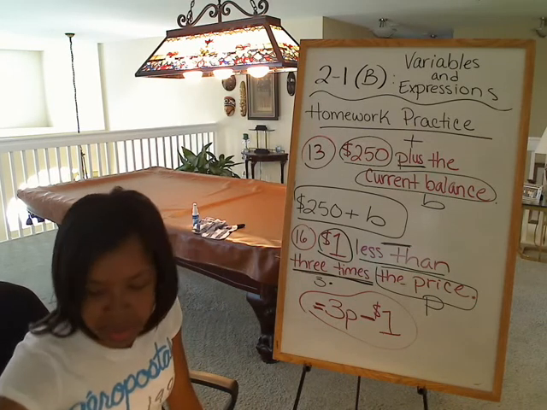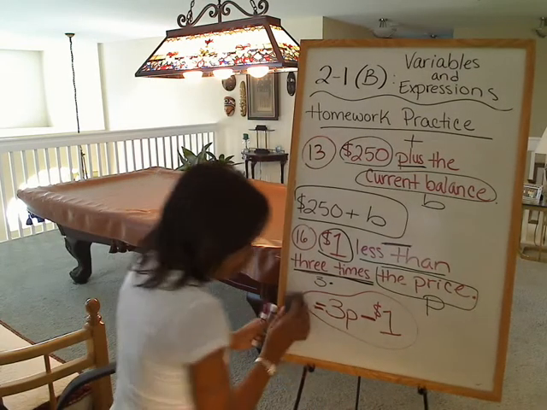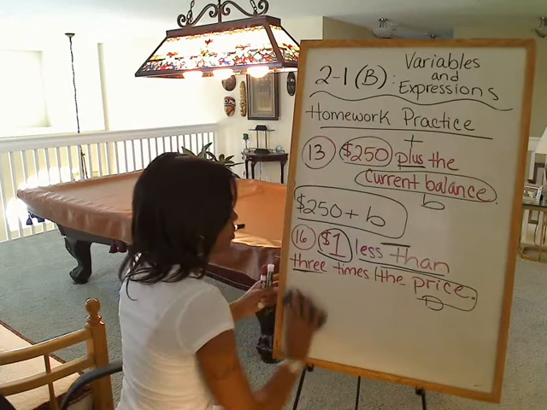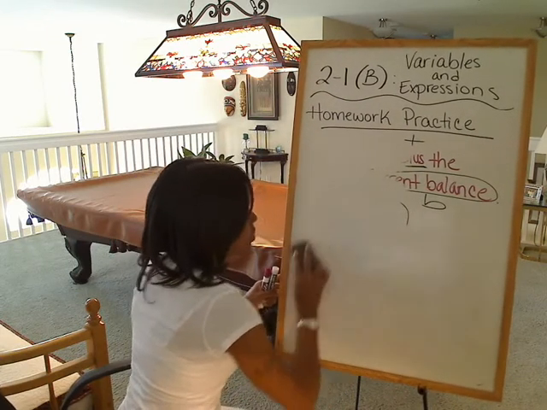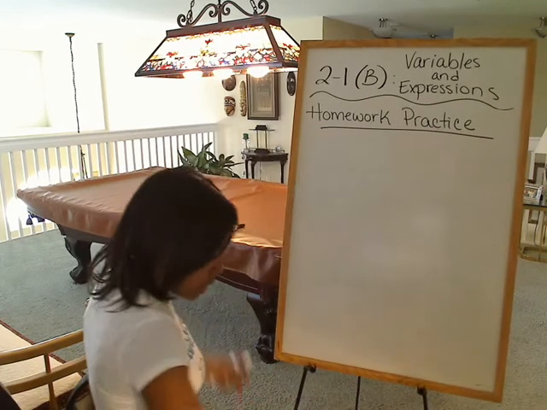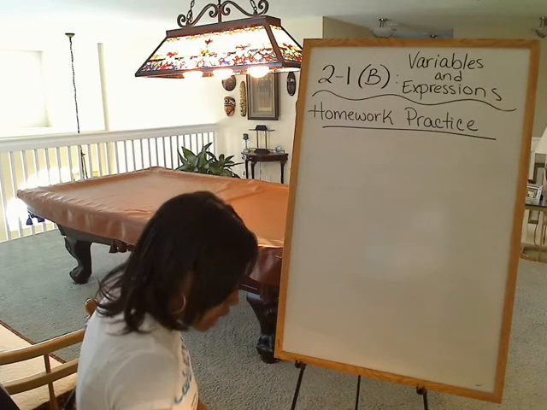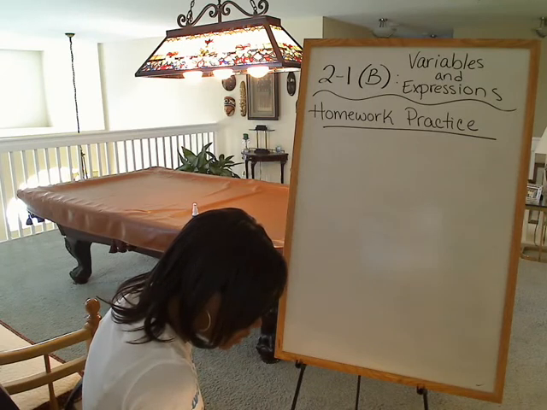Let's do number, see how much time I have left. Let's do number 17. Okay, number 17 says, in a county poll taken last week, 184 people said they would vote for the incumbent candidate. Each week, when the poll was taken again, the number of people who said they would vote for the incumbent went down by 8.